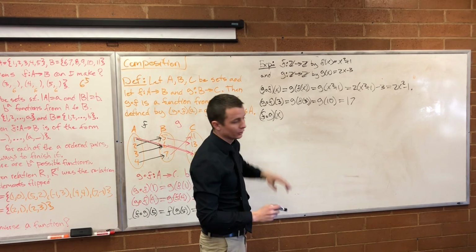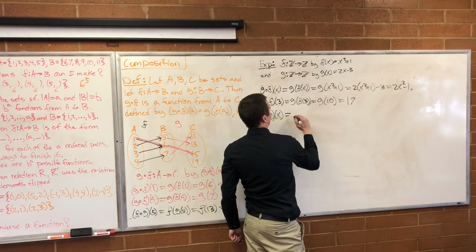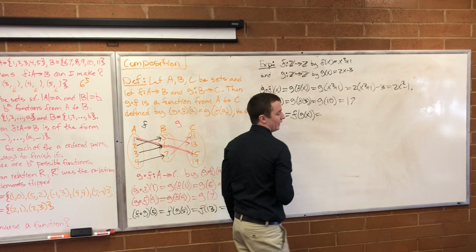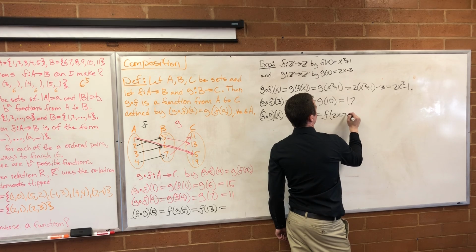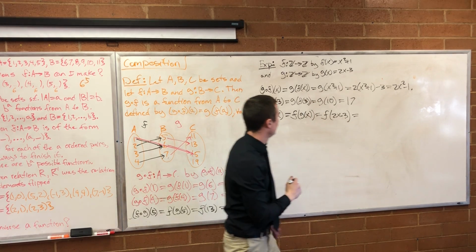So now let's look at f composed with g of x real quick. What is this? This is f of g of x. What's g of x? 2x minus 3, right? And now we have f of 2x minus 3.